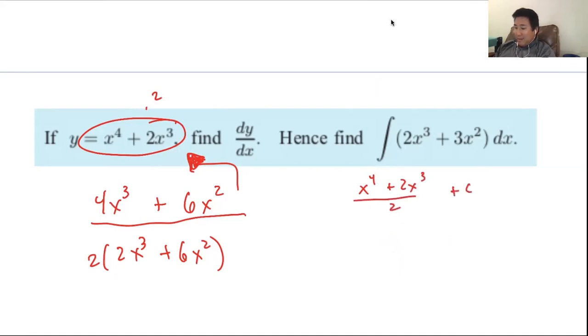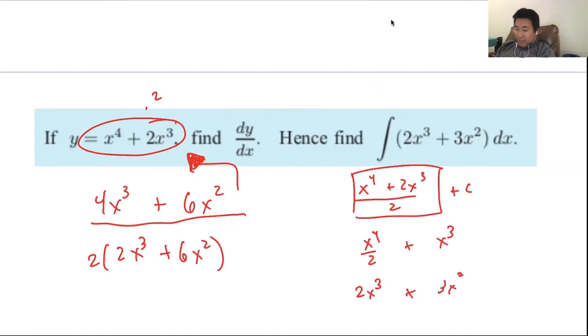So you take the derivative of that. You get x to the 4th over 2 plus x cubed. Take the derivative of this. You get 2x cubed plus 3x squared plus, yeah. So, because the derivative function is double what we had in here, we're dividing the original function by 2.